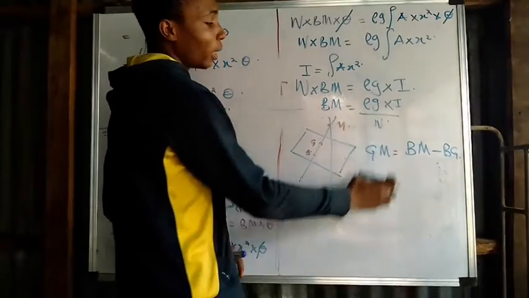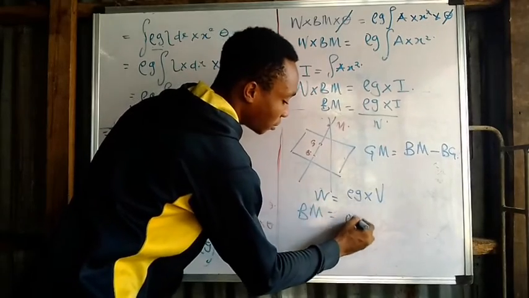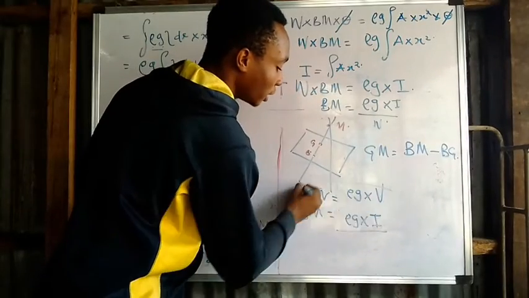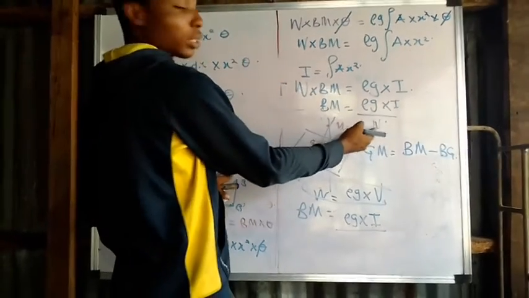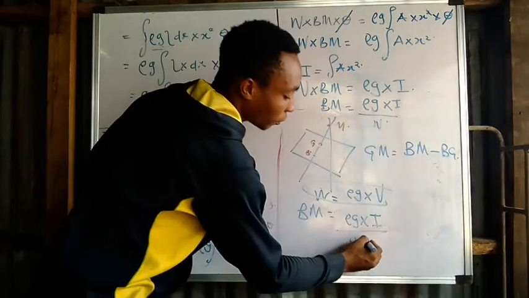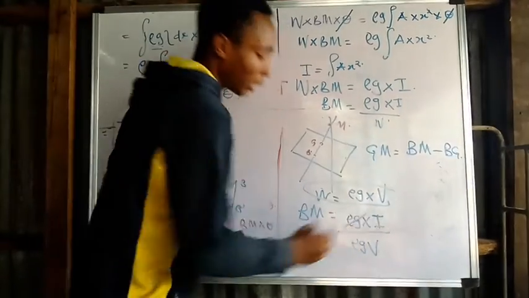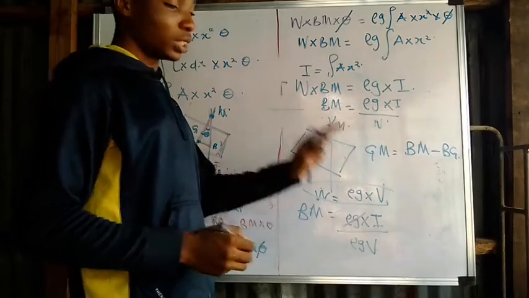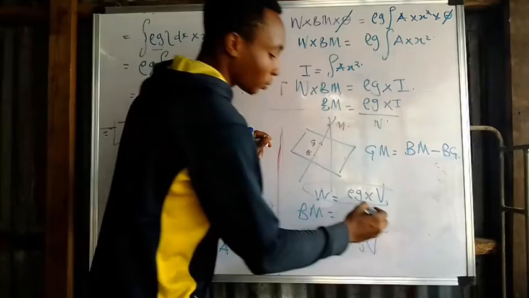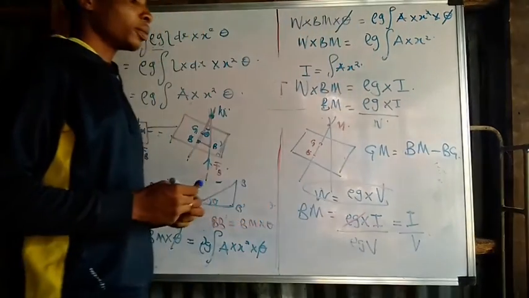Substituting this into the denominator as the weight, we have density times acceleration due to gravity times volume. Dividing the top and the bottom by acceleration due to gravity times density, we are left with BM equal to the moment of inertia divided by volume.